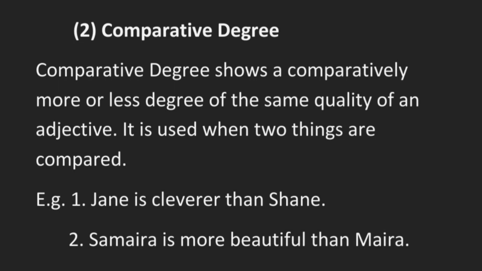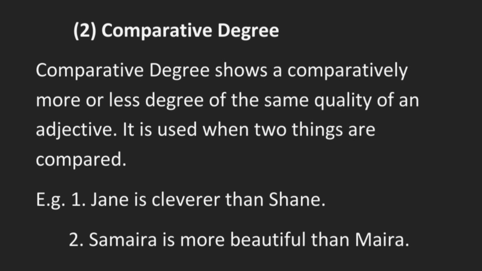Now nextly we'll see what is comparative degree. Comparative degree shows a comparatively more or less degree of the same quality of an adjective. It is used when two things are compared, right? More or less of the same degree, it means we need to compare two things in this degree, right? The comparison is made between simply just two things. You can see the example, Jane is cleverer than Shane.